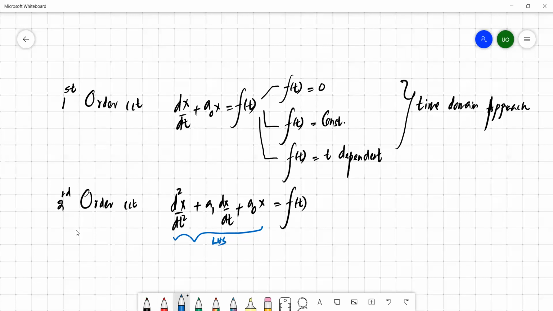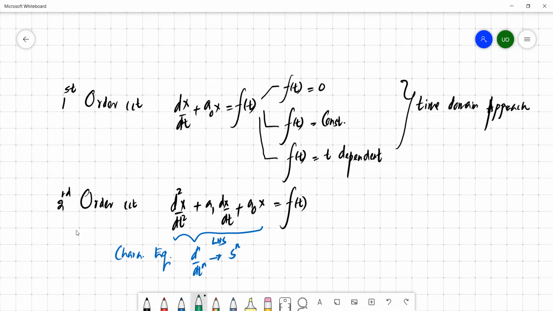So how do you get the natural response? We get the characteristic equation. How do you get the characteristic equation? We just replace the nth order derivative with s to the power n. With that substitution, you can convert the differential equation to its corresponding characteristic equation.